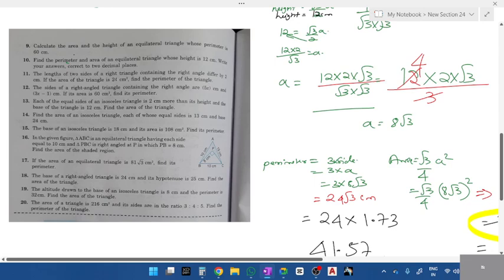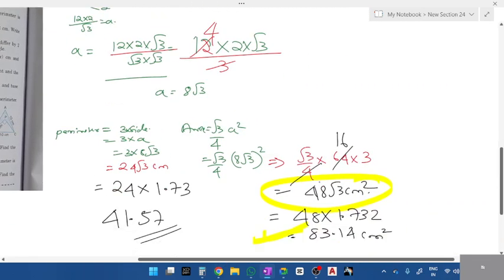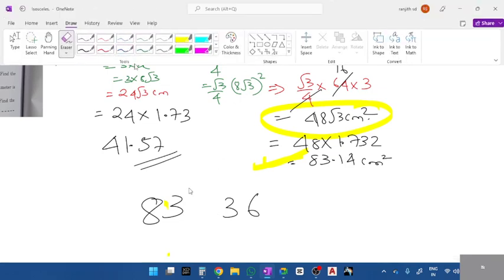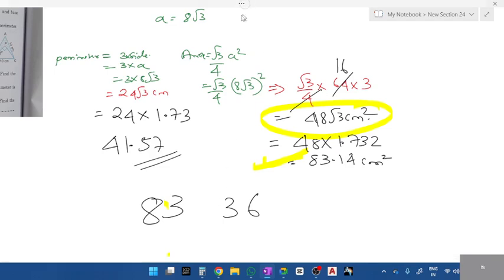Okay. One more thing I forgot. Whenever they ask you to correct to two decimal places, you have to substitute the root 3 value. Then only we get decimals, right? Now look here, I'll tell you how to convert it. We need to convert into two decimal places. 83.136. After the decimal, how many numbers should be there?